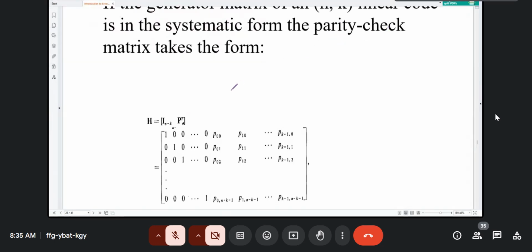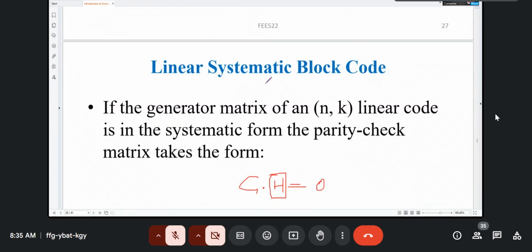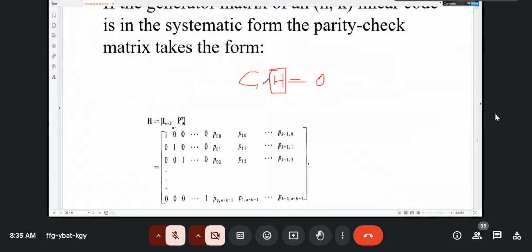We call it the parity check matrix, such that G times H transpose will give you 0. If you multiply this G matrix with that H matrix, you are going to get 0. And that is the matrix we are going to use for checking errors. So in our case, that is the matrix we need.